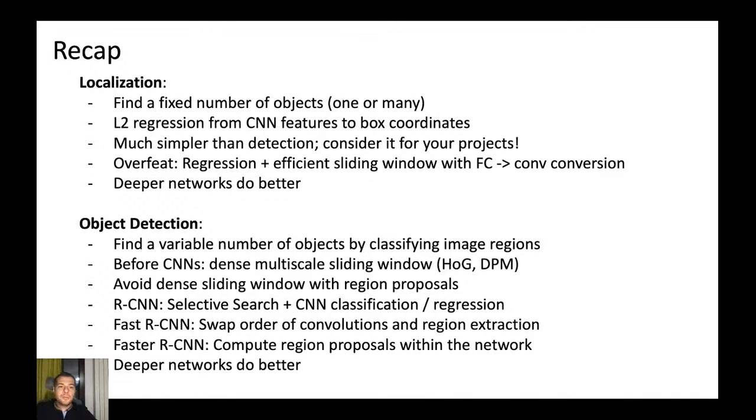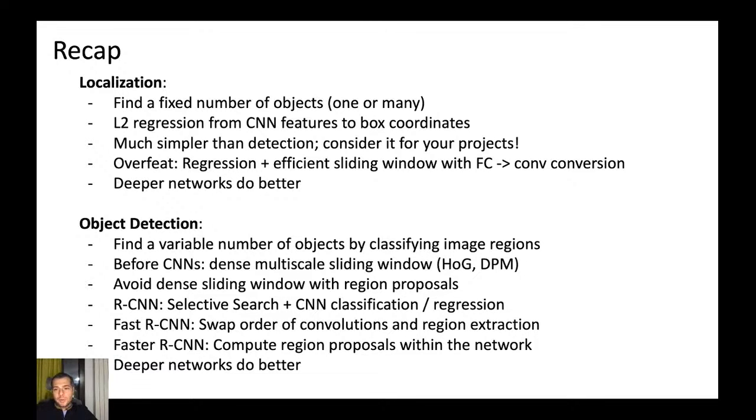So if you have this localization task in any of your projects at work, on personal projects and so on, you really have to think about whether you really need to do detection, so whether you need to detect multiple objects, or if you just need to detect only one instance, perhaps it is easier to just apply this localization framework that is based on adding a regression head with L2 loss.